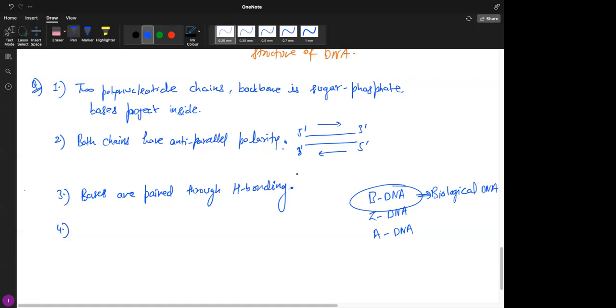Now by B, I mean that the two chains of the DNA are coiled in a right-handed fashion. I hope it's clear to you. Take a ladder, okay?